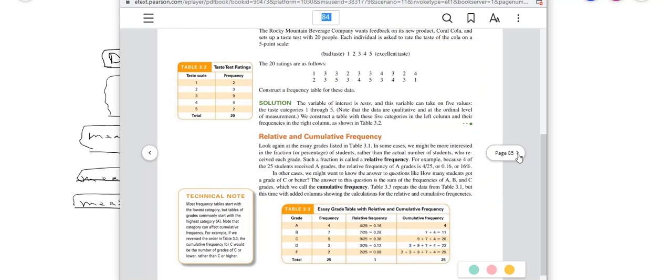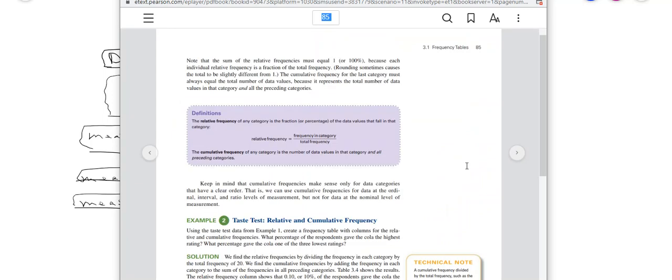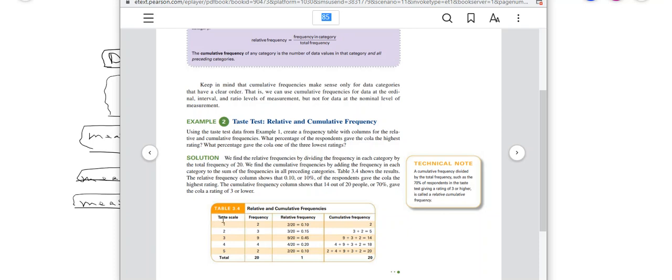Now we know that we have to organize data, and we're going to start with a table. We're going to have a frequency table, relative frequency, cumulative frequency. So we're learning how we proceed through the statistical process. And here's relative frequency, the definition, the cumulative frequency again. They give you another example. I'm going to skip that, same idea.